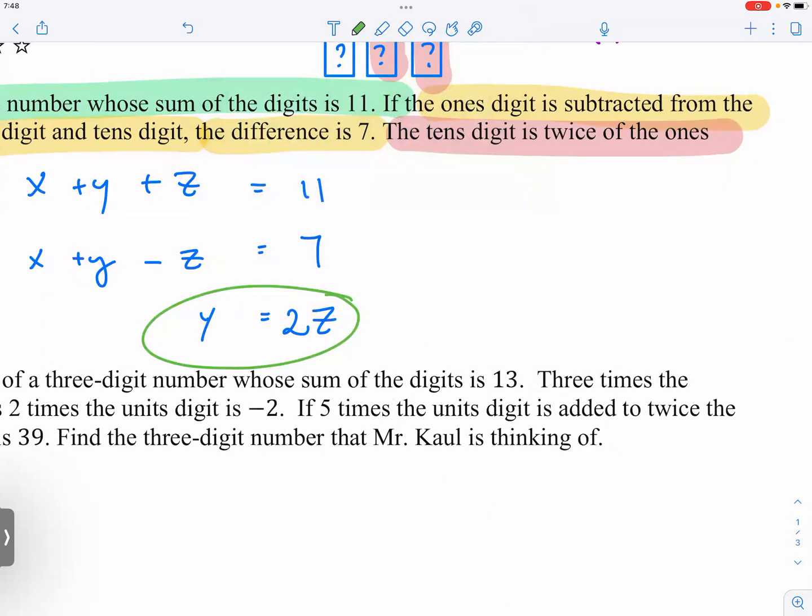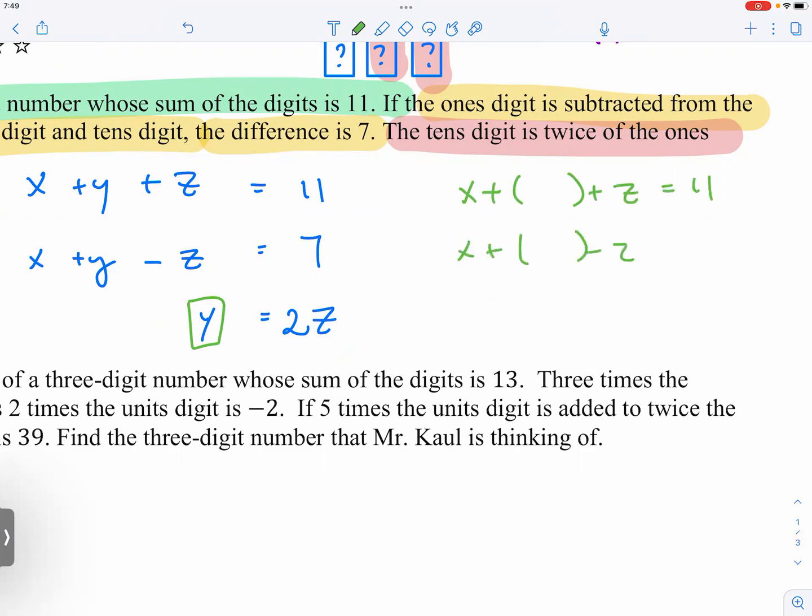Because we've got this. And why is this so tempting? Because we can do substitution. This is y by itself. This is so lovely. So we can say x plus y plus z is equal to 11. We can say x plus y minus z is equal to 7. And we can just insert 2z into the place of y.